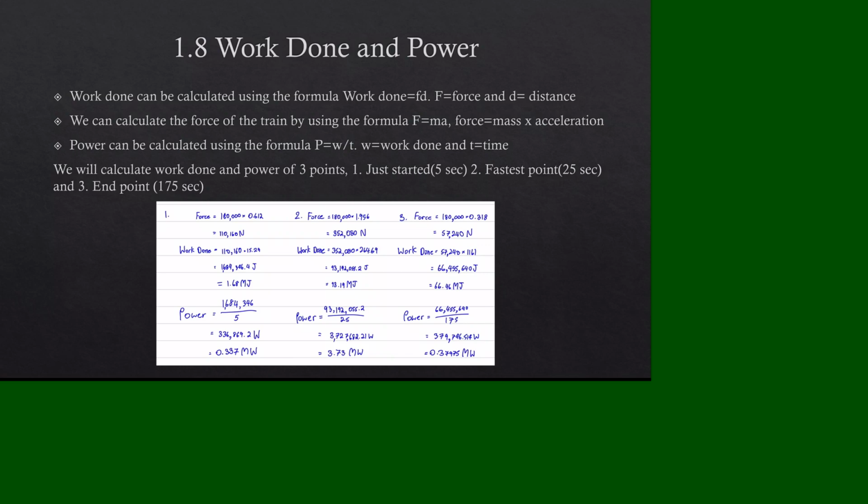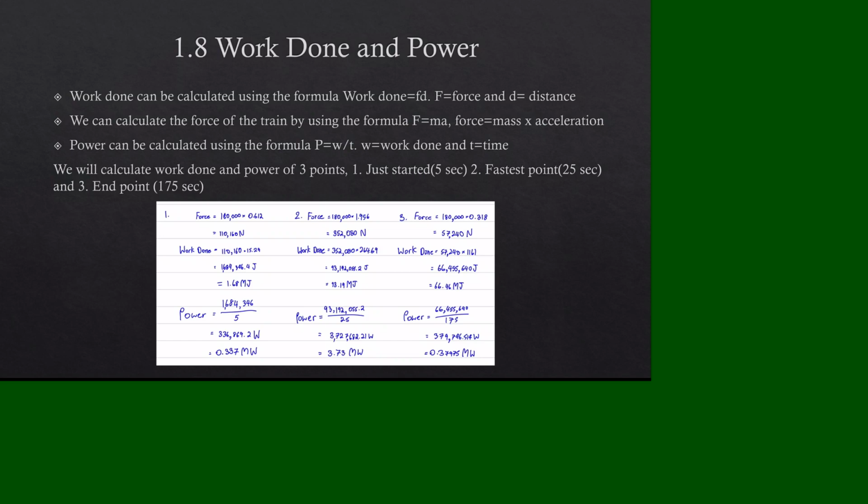Power can be calculated using the formula P equals work done divided by time. We will calculate work done and power at three points. First, when the train just started, at 5 seconds. Second, the fastest point, which is the 25-second point. And third, at the end point, which is 175 seconds.